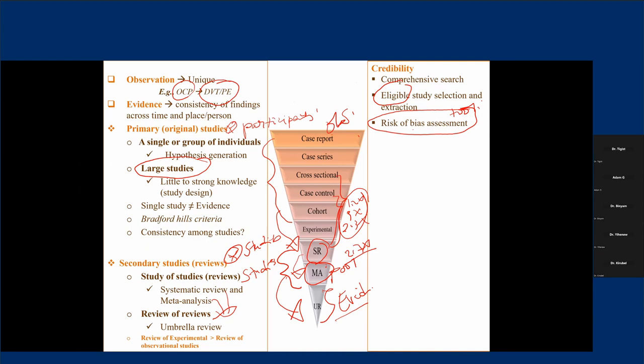So there are different tools. Let's say if you have a cross-sectional study, there's what we call the JBI checklist. You use that checklist to assess the study for its level of quality, and you label it as a low, medium, or high quality study. These results also have to be reported as part of the meta-analysis result, so that the reader can judge for himself or herself that the meta-analysis result is based on studies whose quality were like this.